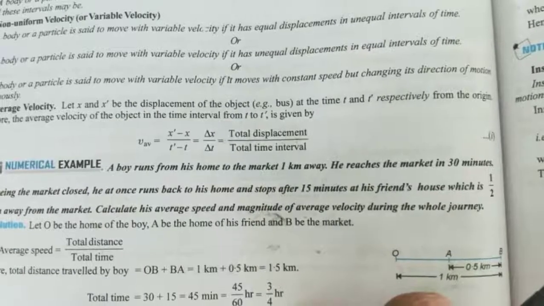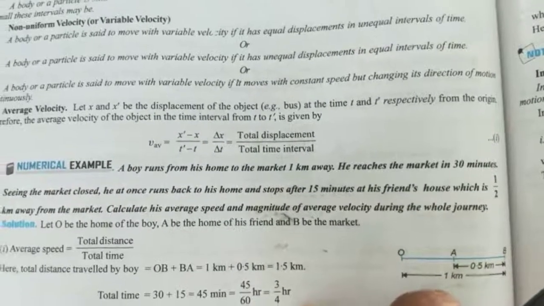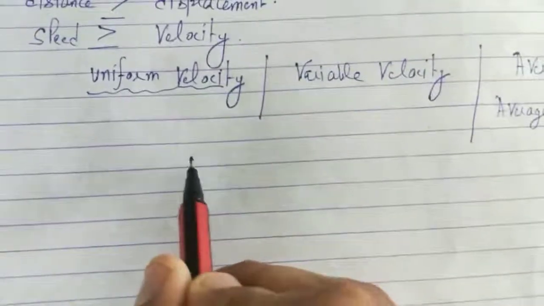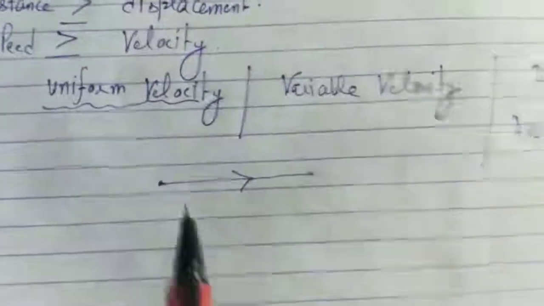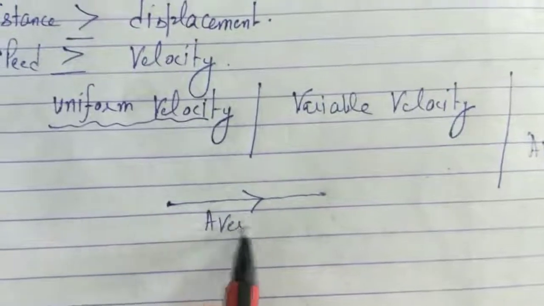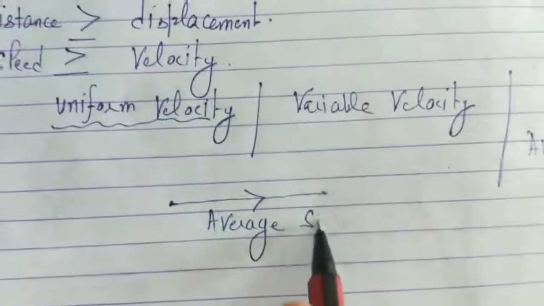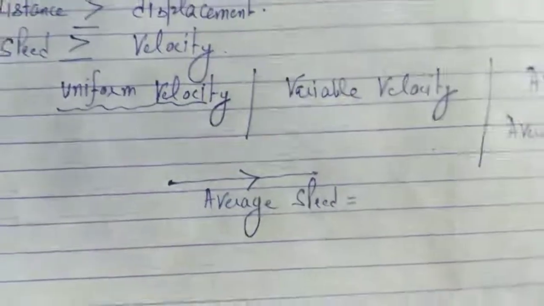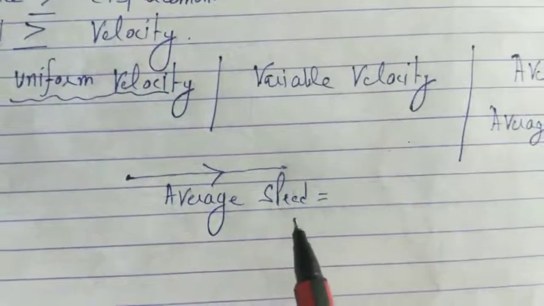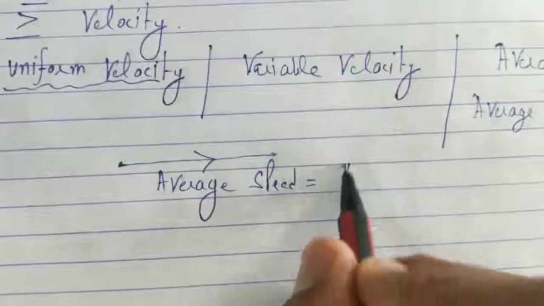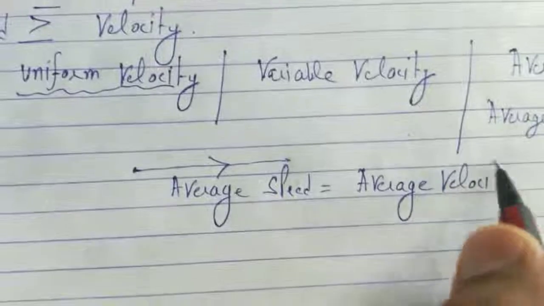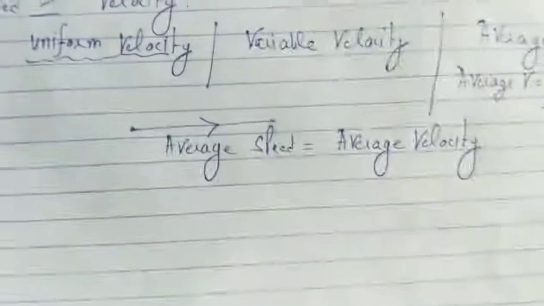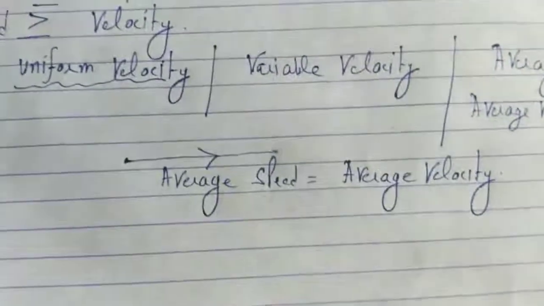I have already given you the concept of average speed and average velocity. This is a very important thing. If the object is traveling in a straight line, then average speed is equal to average velocity. They can ask a question in which case average speed equals average velocity: traveling in a straight road.